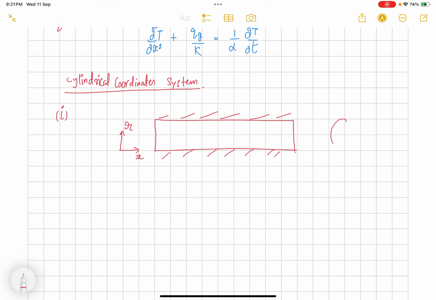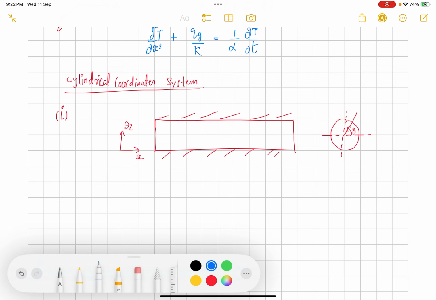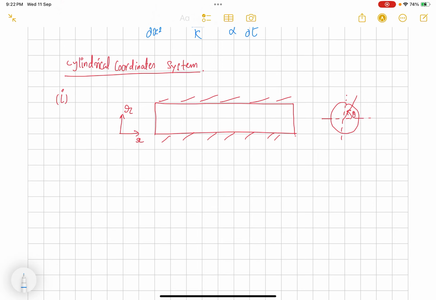And this will be its cross sectional area, with the theta direction. Suppose we are maintaining a temperature difference along its length, so heat will flow in the longitudinal or axial direction.